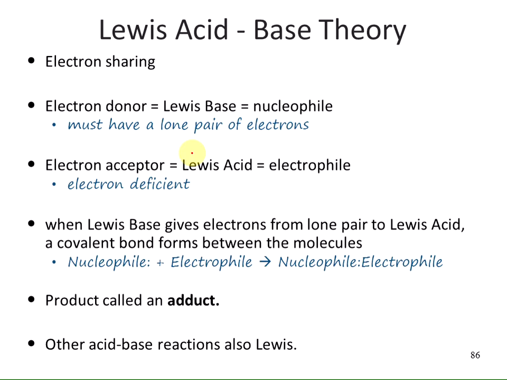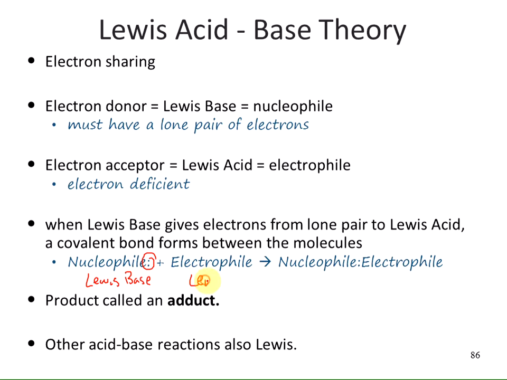When a Lewis base gives electrons from its lone pair to a Lewis acid, it forms a covalent bond between the molecules. So we have a nucleophile with a lone pair, our Lewis base. It will give that lone pair of electrons to the electrophile, which is our Lewis acid, and it forms an adduct.